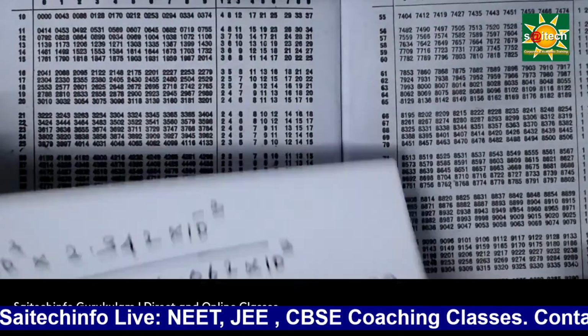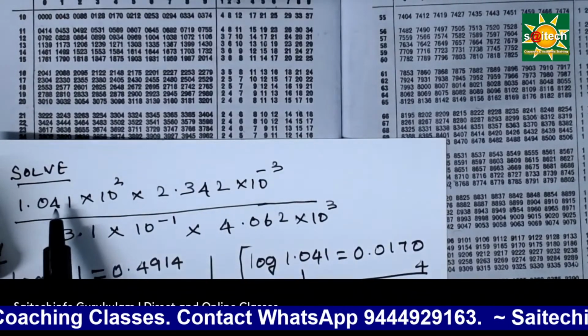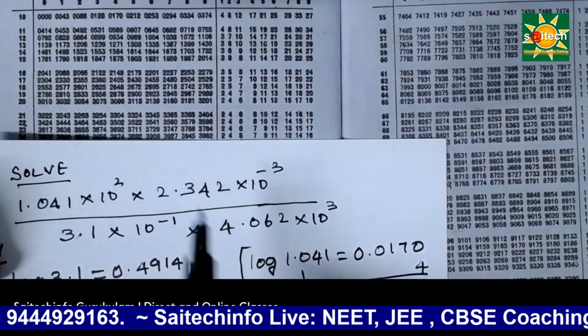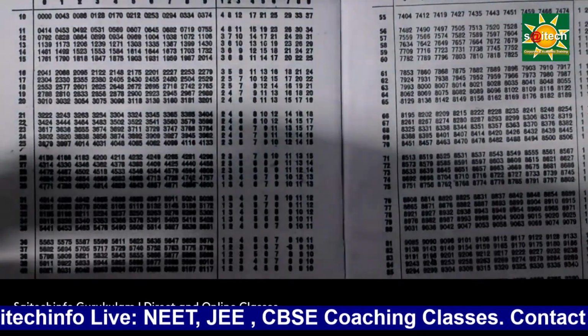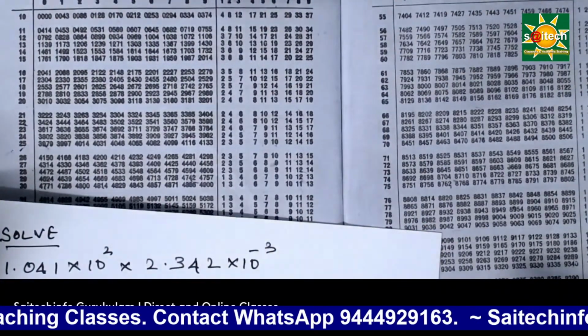Now the numerator where we have got 1.041, 2.342. So let us rewrite in a neat manner. Let us isolate all these powers separately.